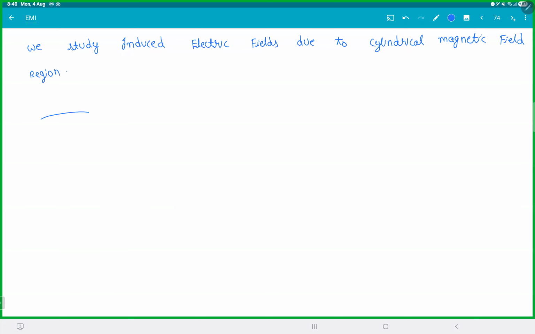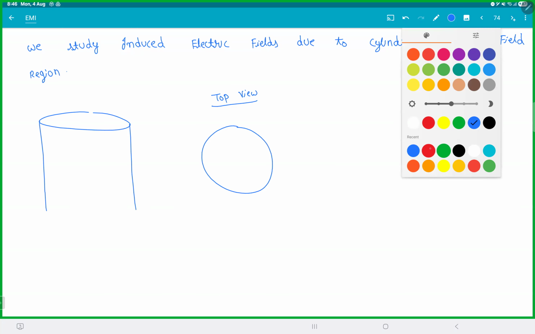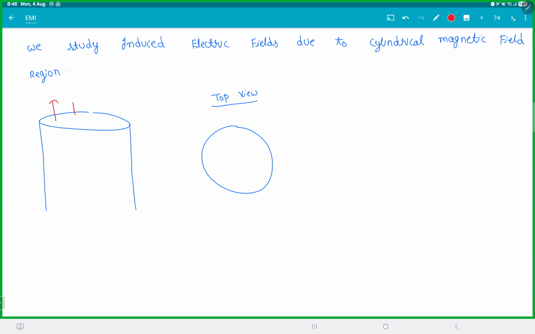Meaning, the field is coming out of a cylinder. Basically, these are the kind of fields which are created by solenoids. These things have a pretty good symmetry.